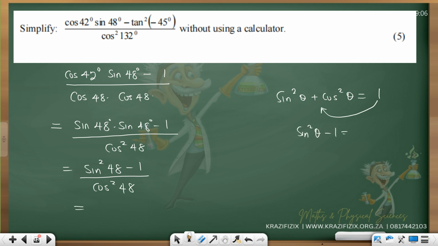Sin squared theta minus 1 equals to what? Do you see sin squared theta minus 1? So this becomes negative cos squared theta, and my theta is 48. Given you got negative 1, the answer is 1.